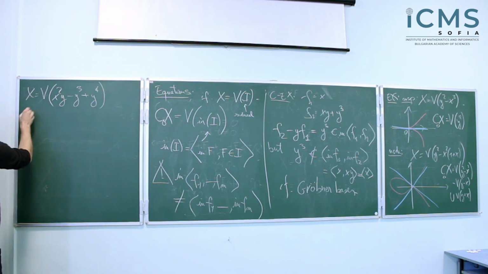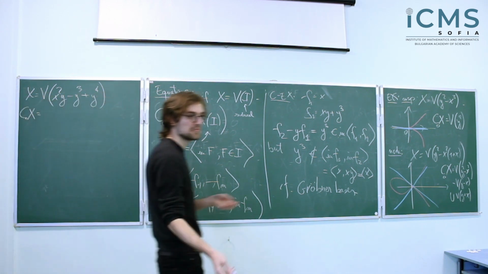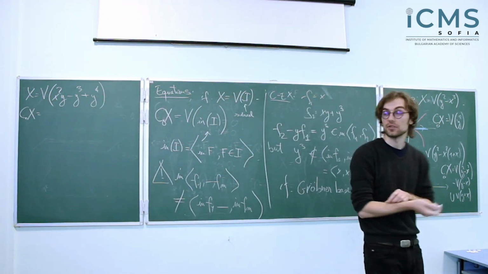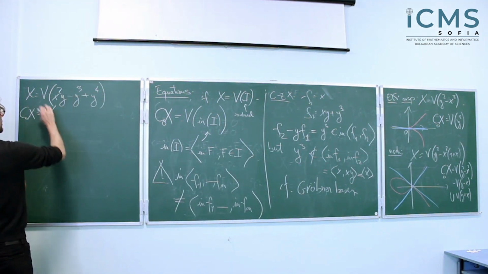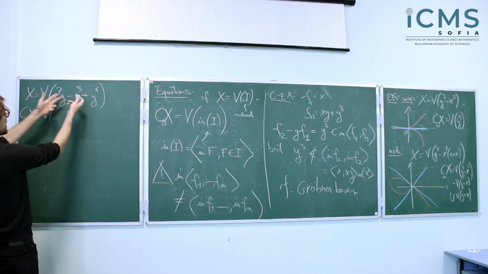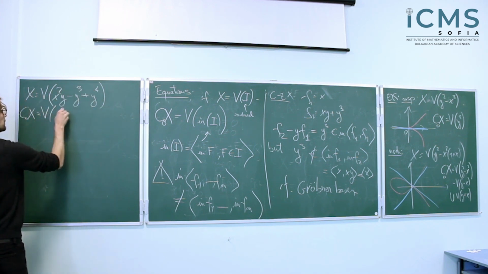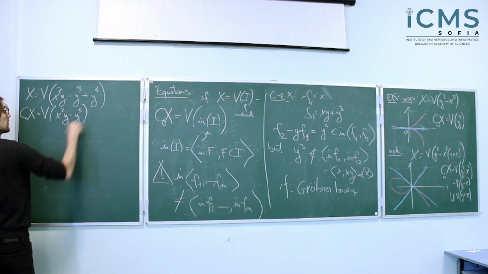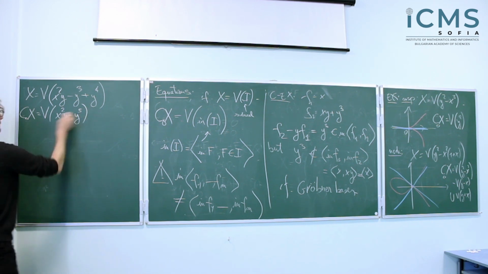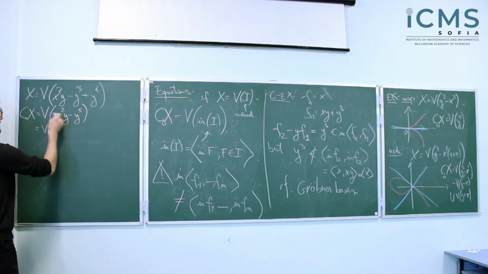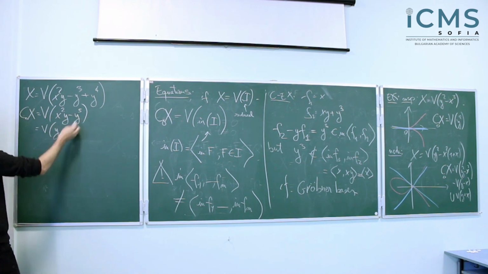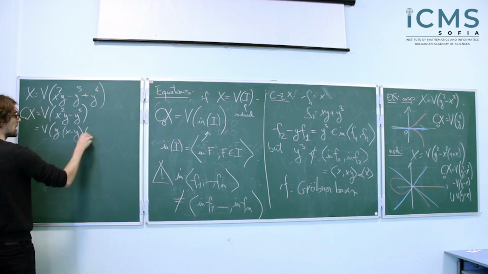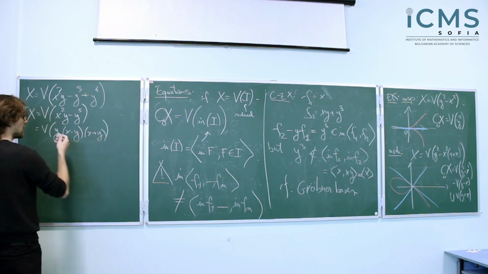We don't really know what this looks like, but I can just be interested in the tangent cone, and maybe that will help me to see a little bit what this looks like. Okay. So this is degree 3, degree 4. But I can factorize this. I can factorize y, and then inside I'll have the difference of two squares, x minus y and x plus y. So I have 3 lines.